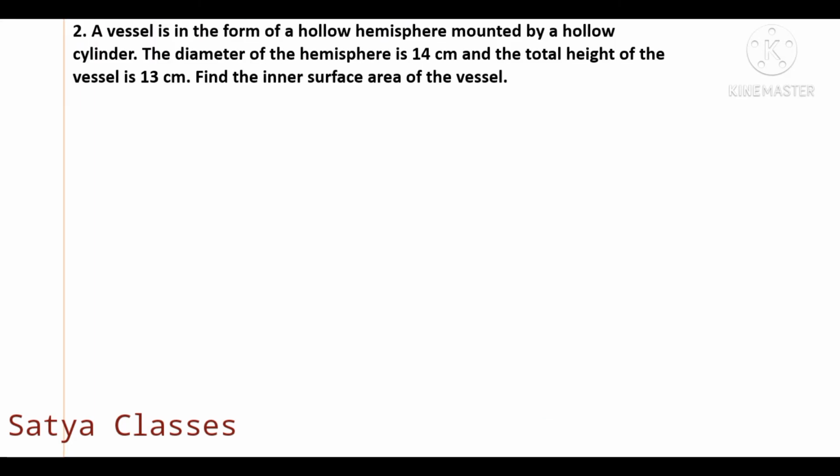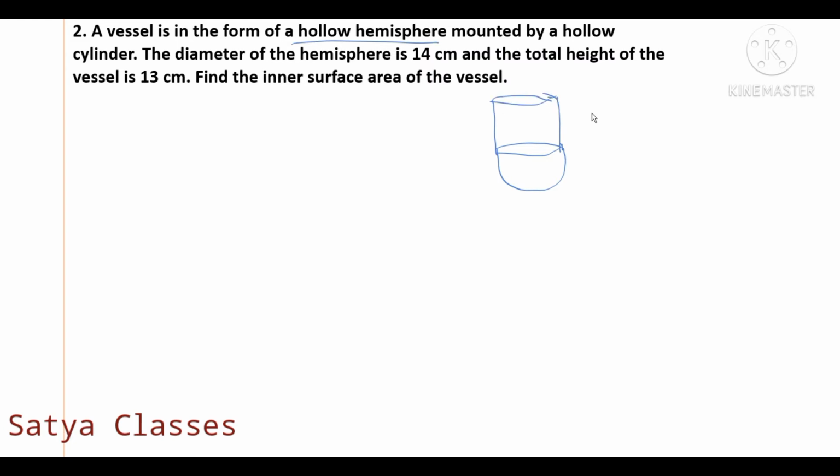The next question is, a vessel is in the form of a hollow hemisphere mounted by a hollow cylinder. First of all, we'll draw the hollow hemisphere. This is the hemisphere, and this hemisphere has a cylinder mounted on it.